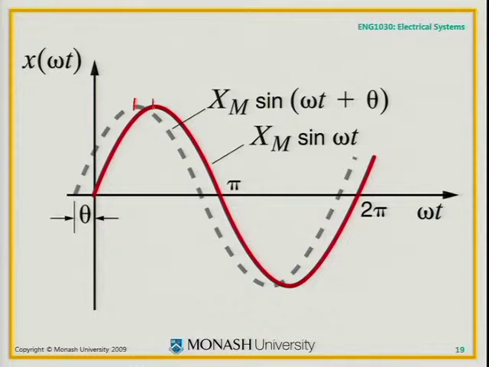Because of this plus theta here, we say that the dashed line is leading the red line by theta, or the red line is lagging the dashed line by theta. So you could be leading by theta, lagging by theta. If there's a plus theta there, this one is leading that one.